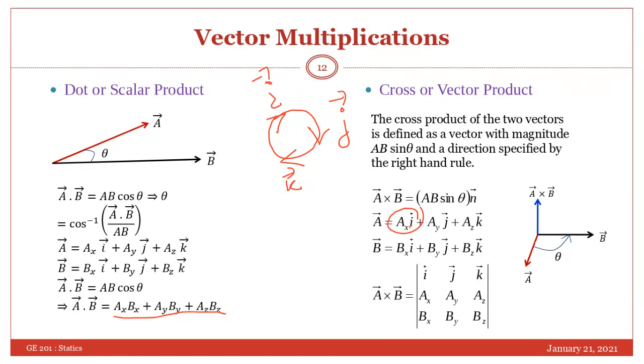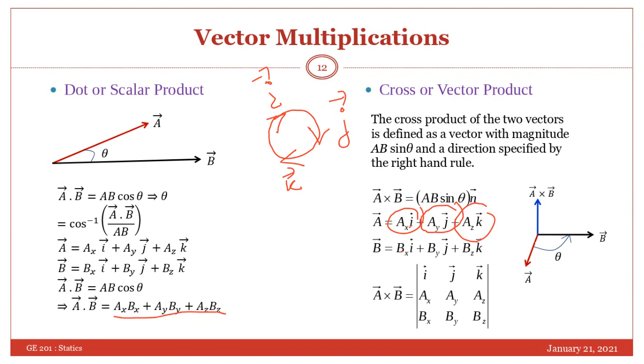But when you multiply AX I with BY J, AX into BY and I cross J equals K, so AX BY K. Then when you multiply this with this, AX BZ, I cross K will be minus J, so AX BZ into minus J. Same thing, you will multiply AY BX, J cross I will be minus K, and so on with each term. So you will get a long expression.